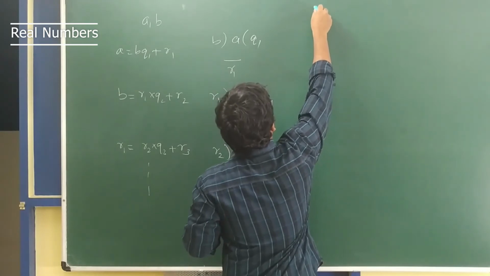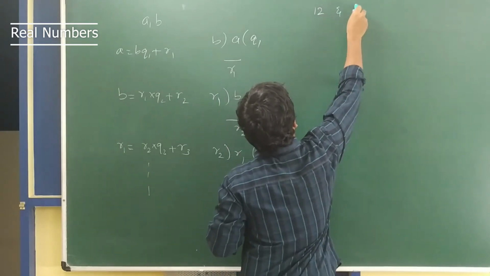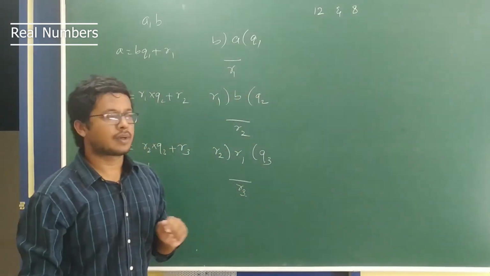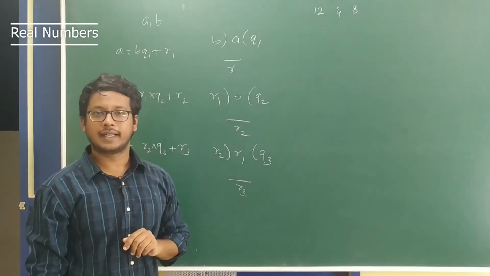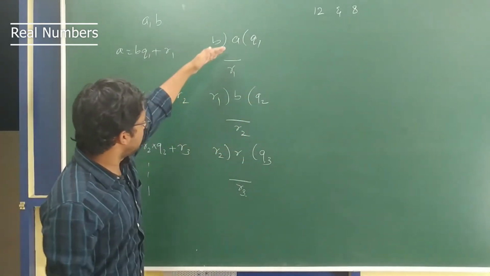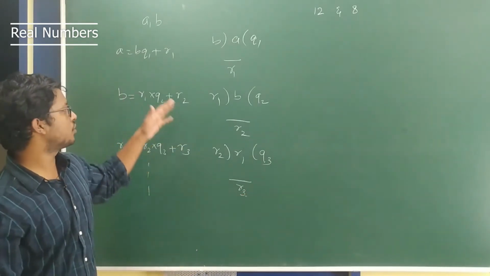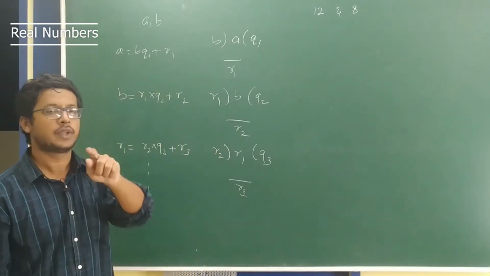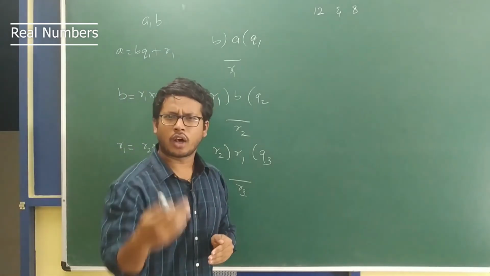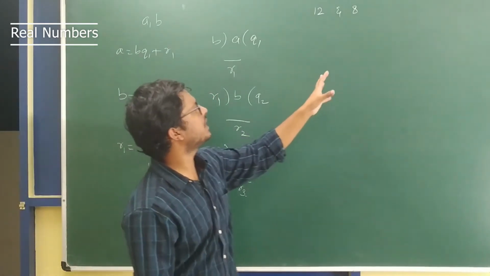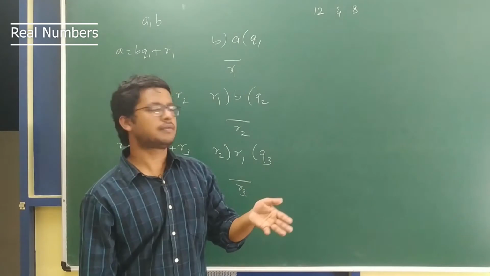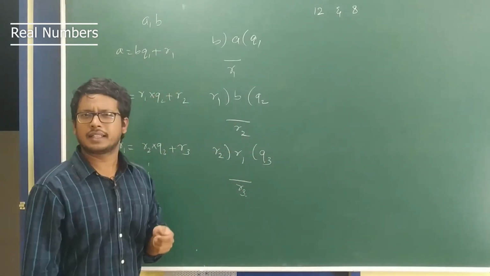Let's say 12 and 8. Alright. So the question is find the HCF of 12 and 8. We'll first do step by step like this, and in the next example I'll show you a faster way to do this one. So we know the normal way of finding HCF. Let's first find the HCF normally and let's verify using this one whether we get the same answer or not.